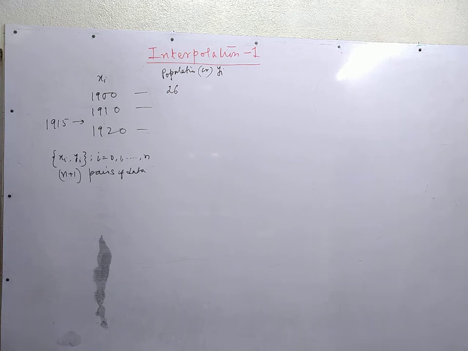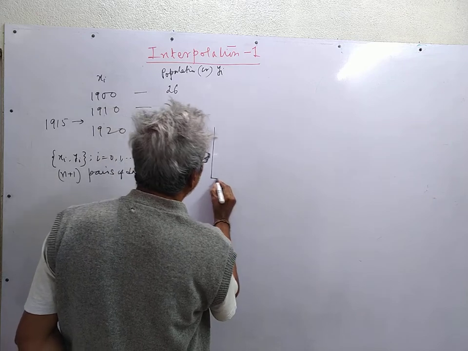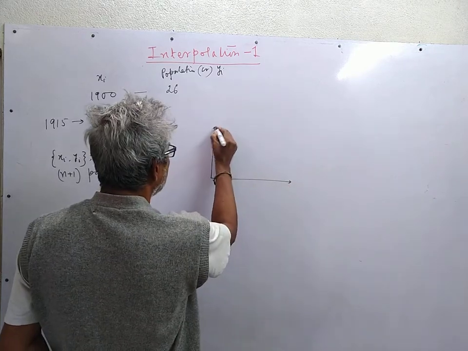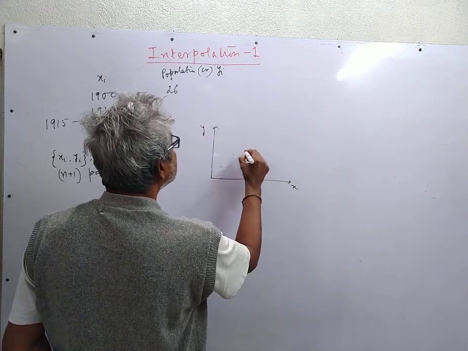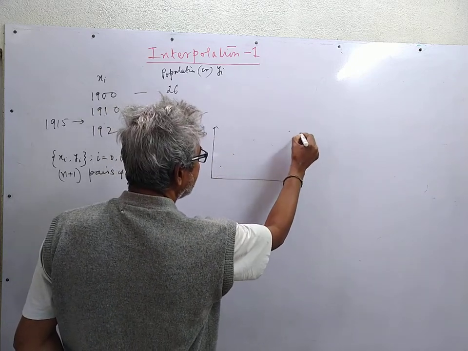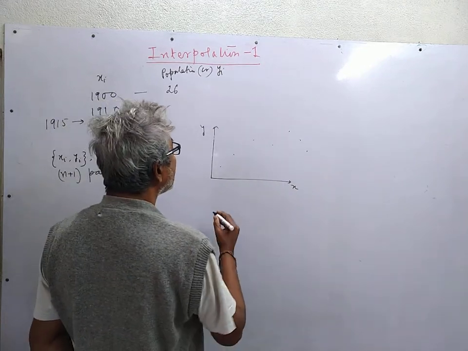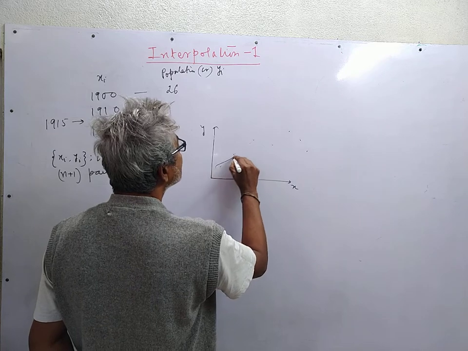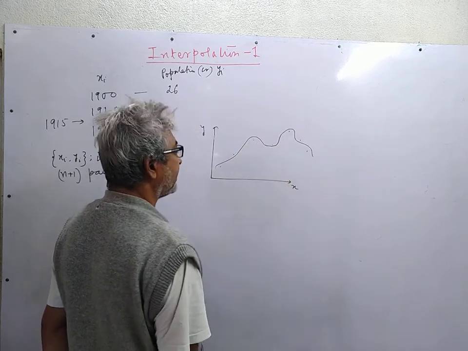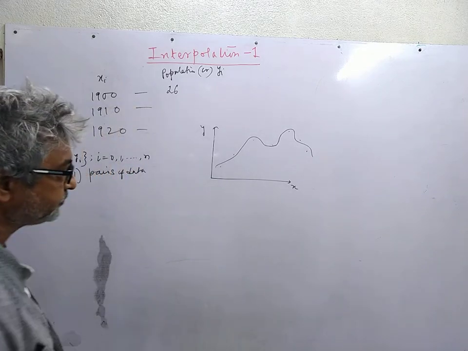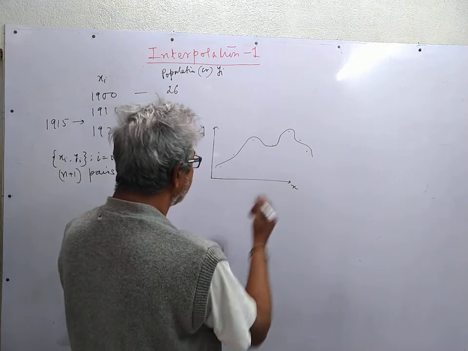In curve fitting or least square fit, as you have done already in earlier classes, one plots the x value and the corresponding y value, then one gets a scattered curve like this, and one tries to plot a graph which passes through the scattered data so that the sum square error is a minimum. So one gets a formula for y in terms of x.